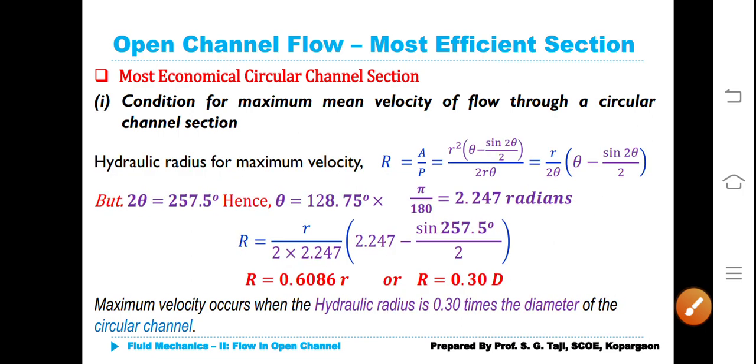Next, the condition for maximum mean velocity with respect to hydraulic radius, we can also get.